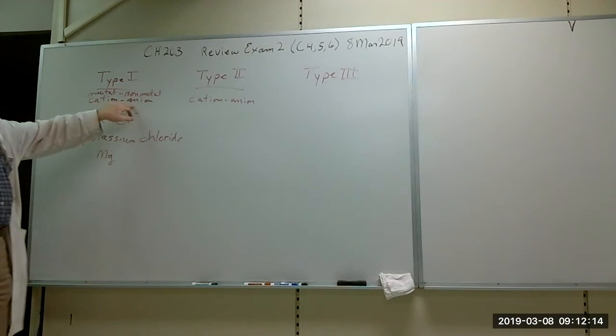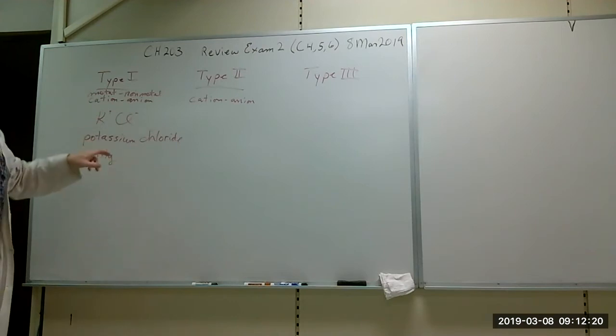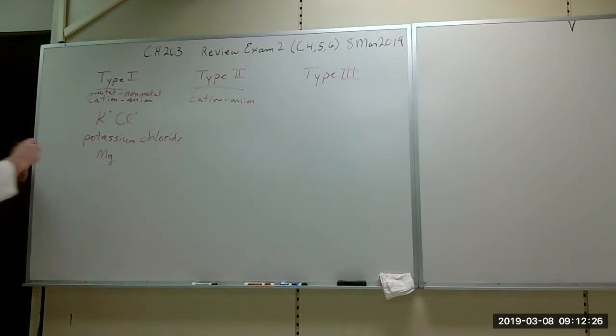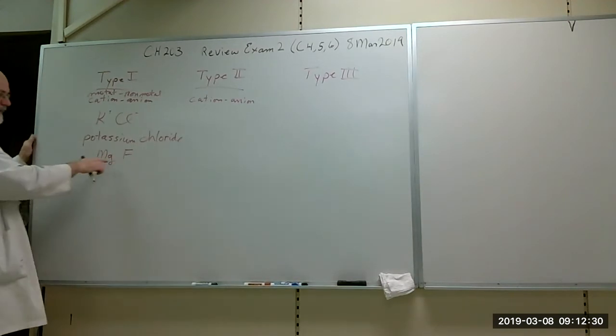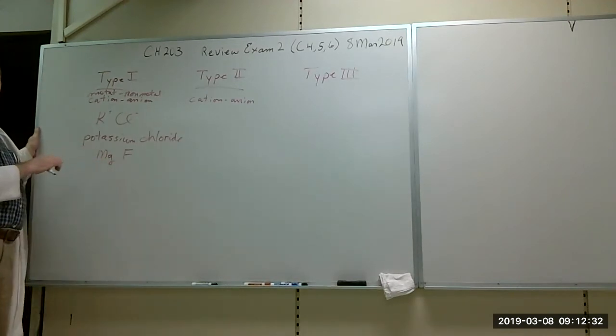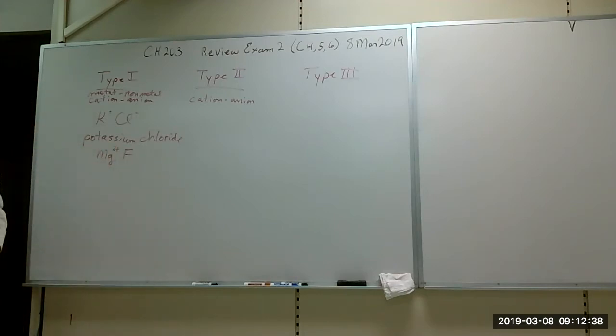Metal's the cation, non-metal's the anion. Okay, we were on magnesium. Let's combine magnesium with fluorine. Okay. So magnesium is an alkaline earth in the second column, which means it always has a 2+ charge.